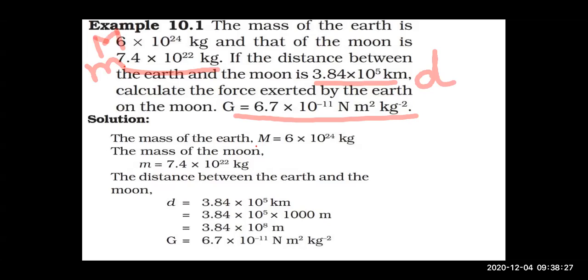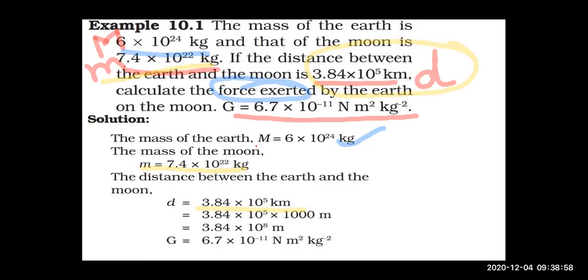What you have to calculate? We have to calculate the force exerted by earth on moon. So children, mass of earth we are calling capital M, which is over here. Then mass of moon we are calling small m, which is given over here. The distance between them we are calling by the symbol small d, which is 3.84 into 10 to the power 5 kilometer.